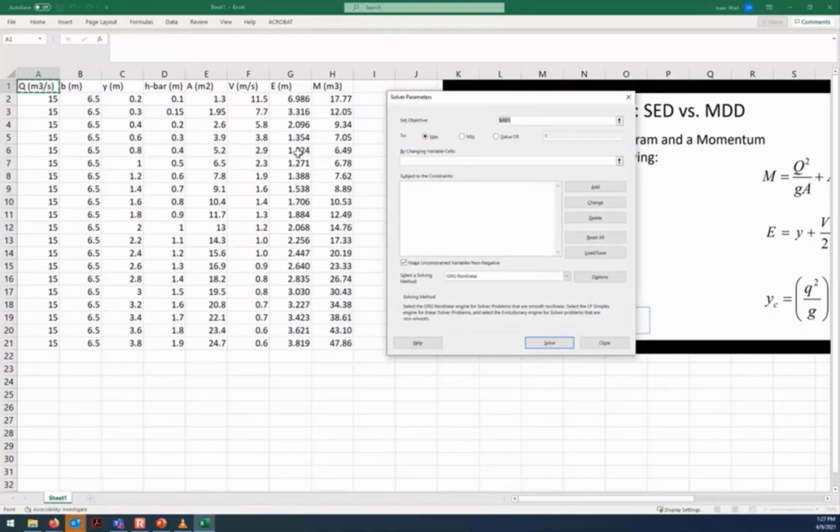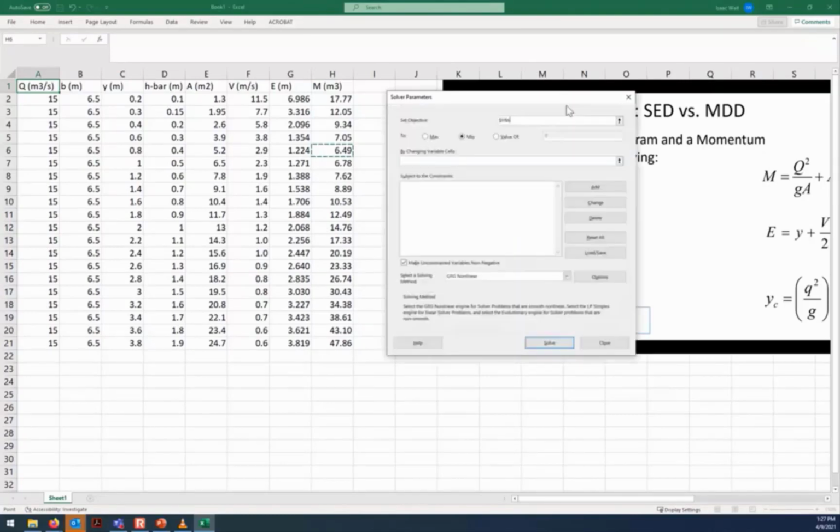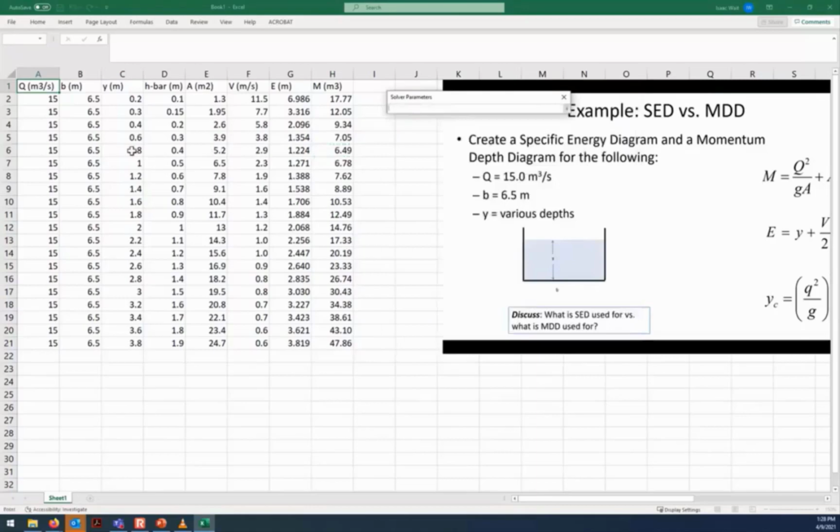I want to minimize this value, the momentum function. I could have also done specific energy, because the minimum of either is going to give me the critical depth.